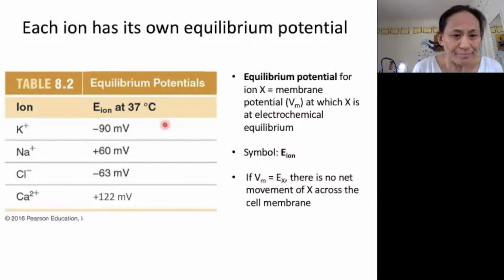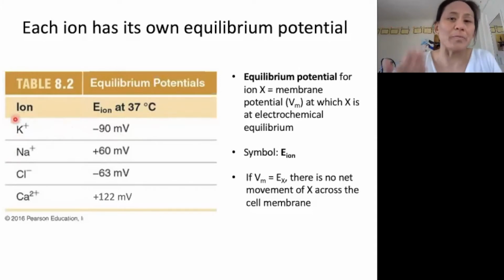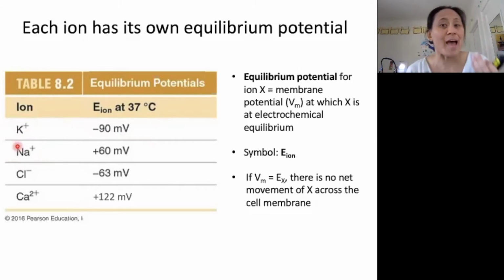So looking here, if the membrane potential is -90 millivolts, we're not going to have any net movement of potassium across the membrane because potassium is basically at equilibrium. It's happy. Same thing here for sodium. If we have the membrane potential at +60 millivolts, then there won't be any net movement of sodium across the membrane because sodium is happy. It's at its electrochemical equilibrium.